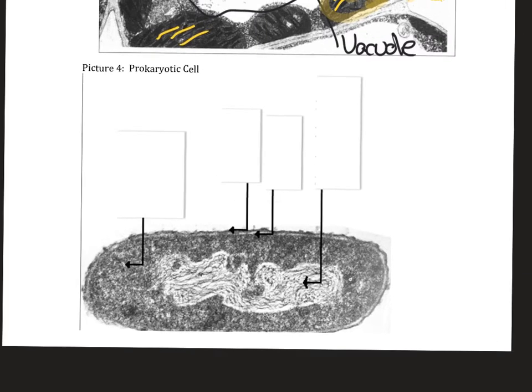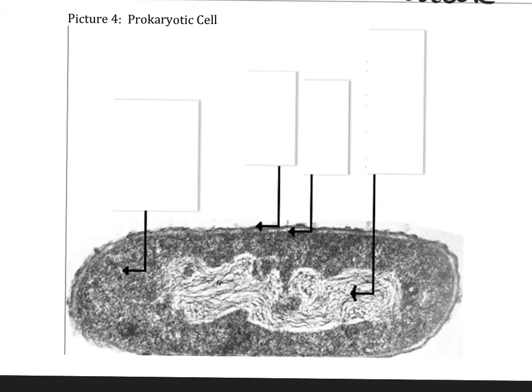All right, so we're going to our last one, which is a prokaryotic cell. One characteristic is this big bacterial chromosome here. That's a characteristic of a prokaryotic cell.